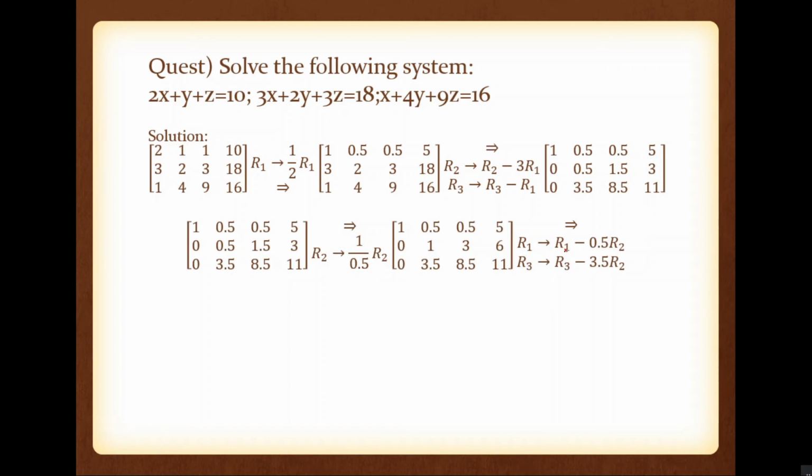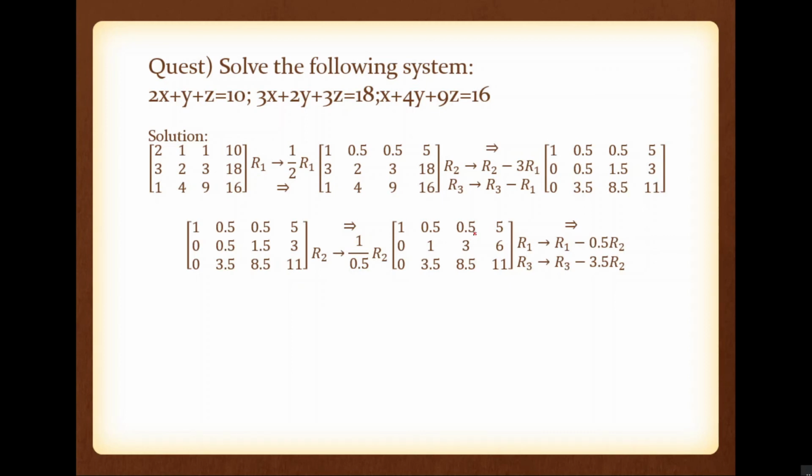R1 equal to R1 minus 0.5 into R2. Then R3 is equal to R3 minus 3.5 into R2. So find the augmented matrix. For example, if you are taking first row, then 1 minus 0.5 into 0, so that first element is 1, that is not modified. Then second element 0.5 minus 0.5 into 1, so that is 0.